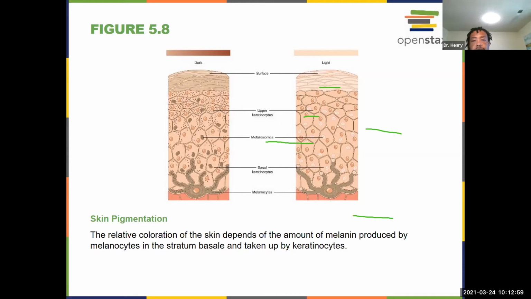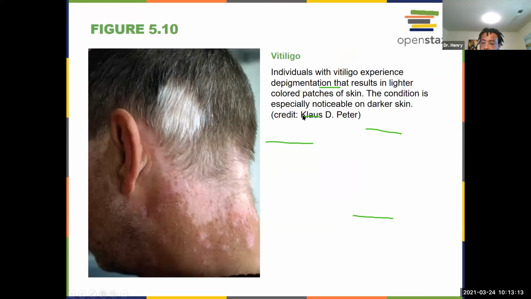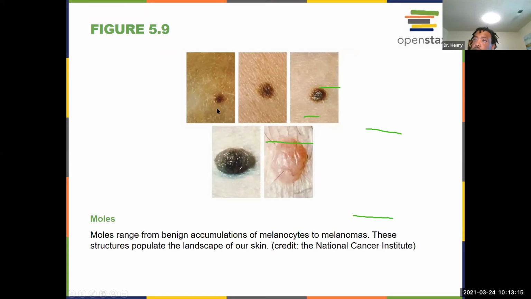Sometimes, in the case of a mole, for example, one of those melanocytes goes out of control and is producing too much in a general area. If we go here, you guys can see the different moles. In all of these cases, these are melanocytes that have become melanomas, right?